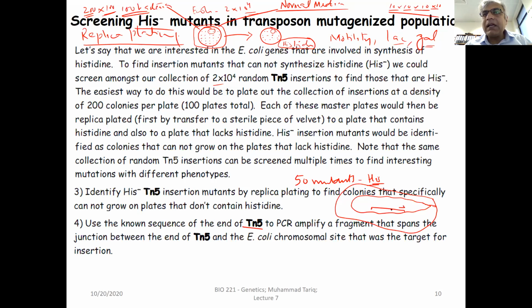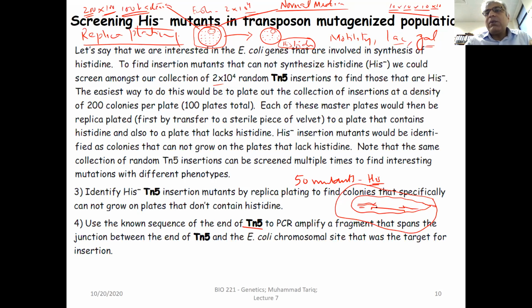We have a primer which goes, because it's an inverted repeat, a single primer we will use. It will go on this side as well as on this side. We'll use random hexamers which will randomly bind on the genome, and this PCR product we'll get sequenced.